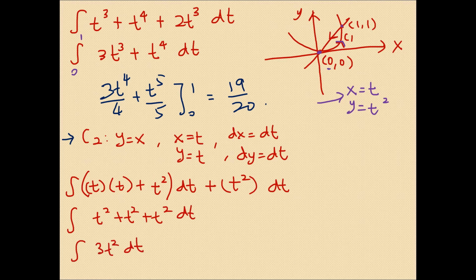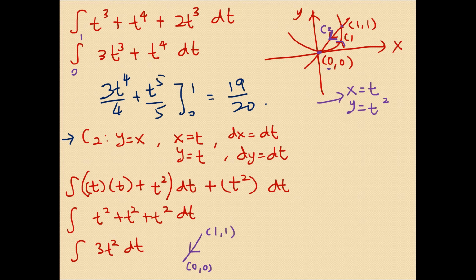Now the limit for this curve C2. The arrow is from point 1,1 to the point 0,0. Can you see it? This is 1,1 to the point 0,0, because the arrow is counterclockwise. Now, which point do you want to take as the limit?